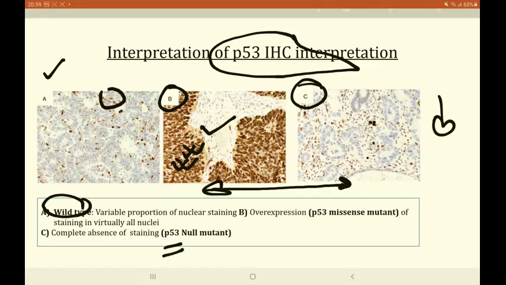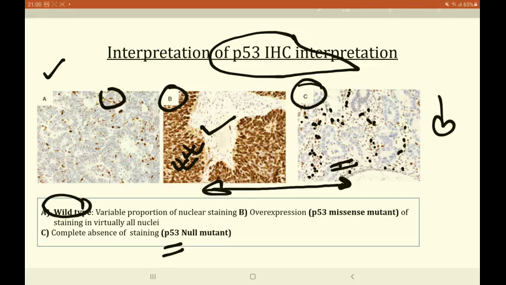And this one we see here shows the p53 IHC staining expression. But if you look at this image, the p53 expression is seen only in the stromal cells and not in the neoplastic cells. So this is the complete absence of p53 staining. We call this type of mutant staining pattern of p53 the null mutant p53 staining pattern.